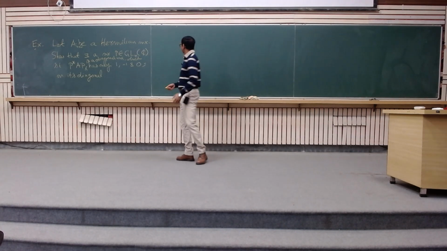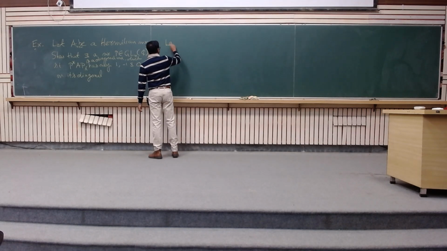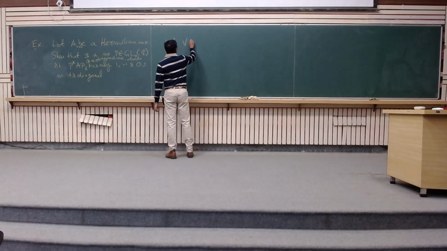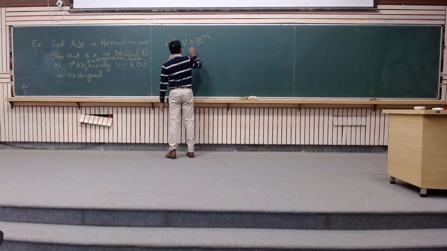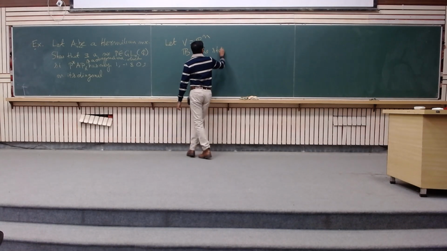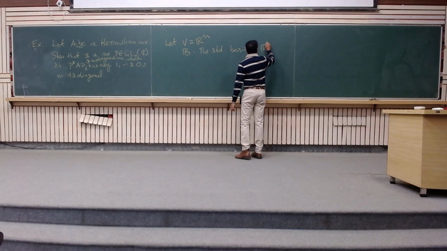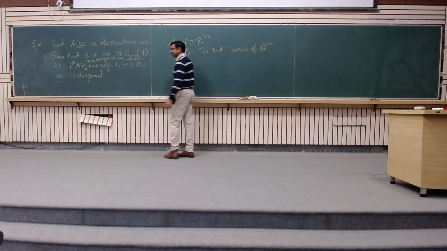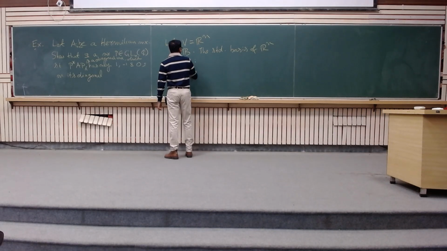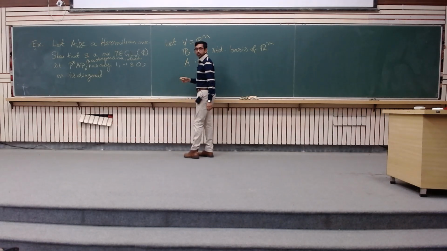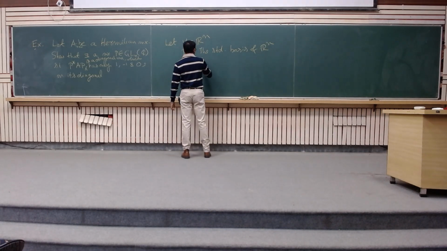So let V be your Rn, and let B be the standard basis of Rn, and then A the gram matrix with respect to the standard basis, right?